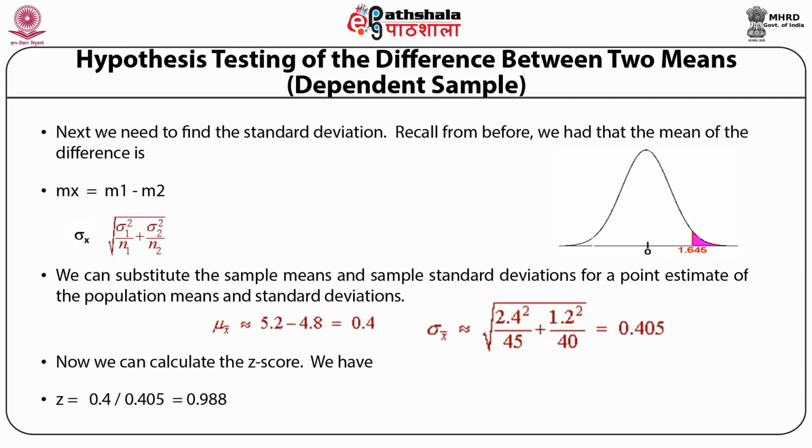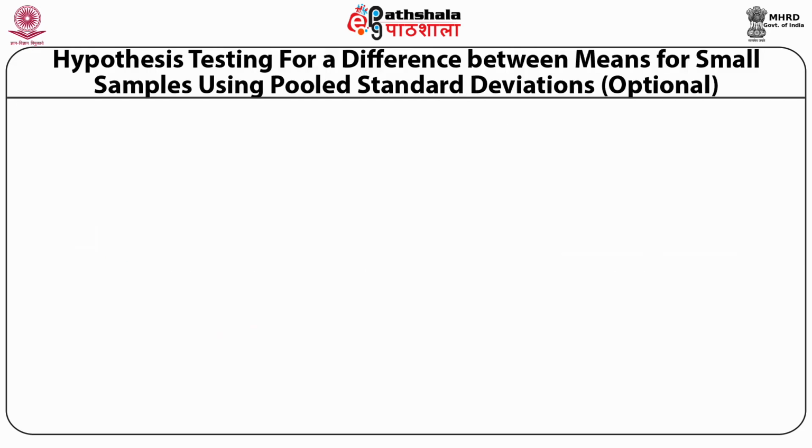So putting the values here, x minus mu over sigma, or 5.2 minus 4.8 over 0.405, we get 0.988. One more example is given, and we can see how hypothesis testing can be done for this small size of samples.